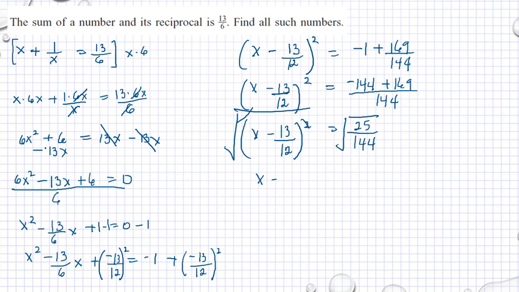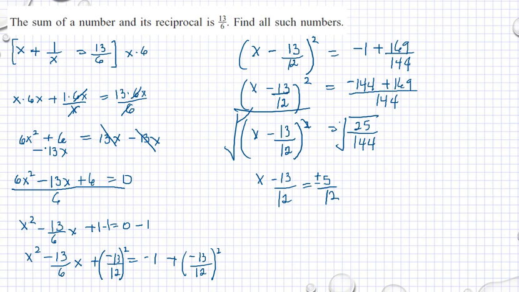So if we take the square root of both sides of the equation, then we have x minus 13/12 is equal to positive or negative 5 divided by 12.